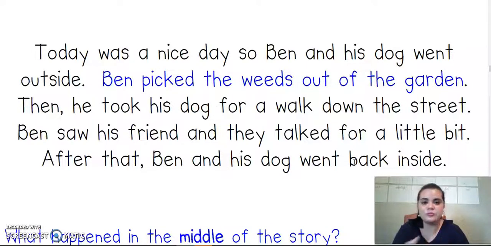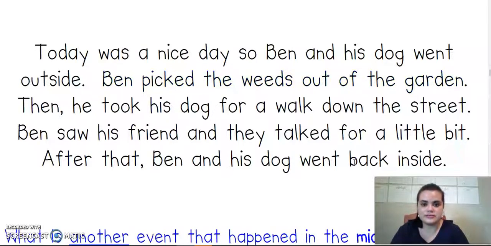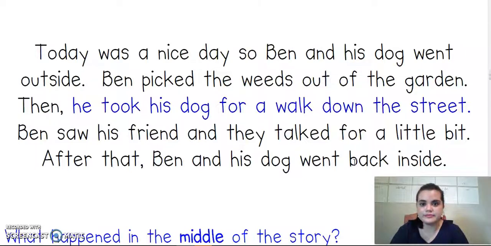He picked plants or little leaves in the garden. That is one event, right? What is the second event that happened in the middle of the story? Yes, he took his dog for a walk down the street. And also, we have a third event: he saw his friend and they talked for a little bit.